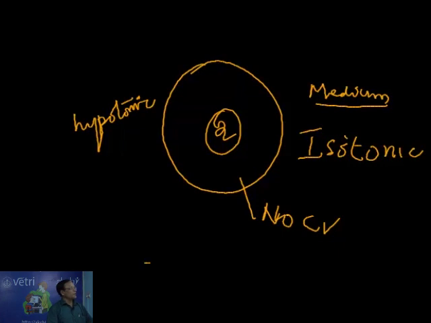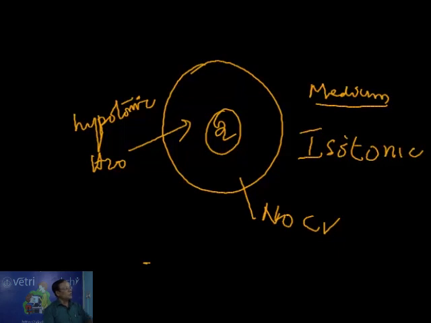If you are comparing the medium of the protoplasm of amoeba and the outside medium, here the outside medium is hypotonic, less concentrated. Normally you know the meaning of osmosis: water is always moving from a lower concentrated solution to a higher concentrated solution. As the medium outside is less concentrated and the medium inside is more concentrated, water enters into the cell.